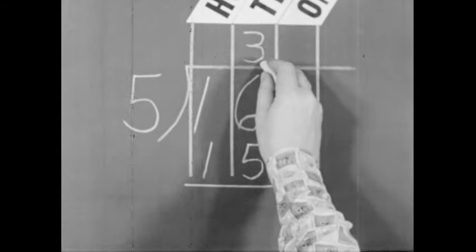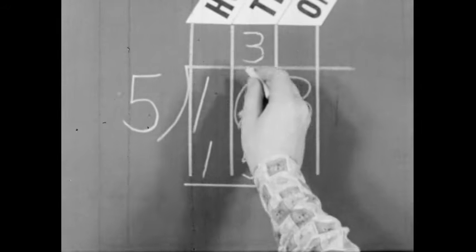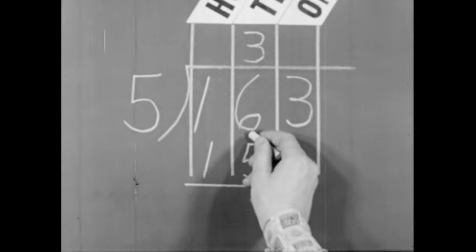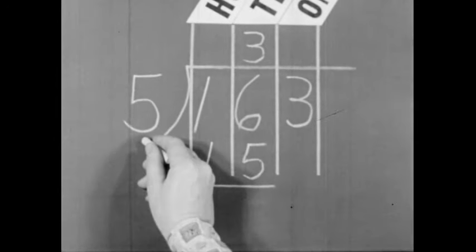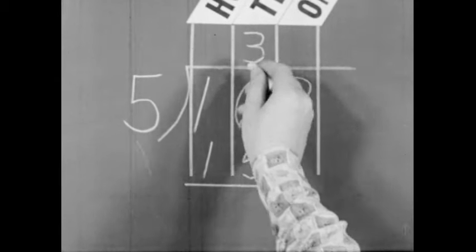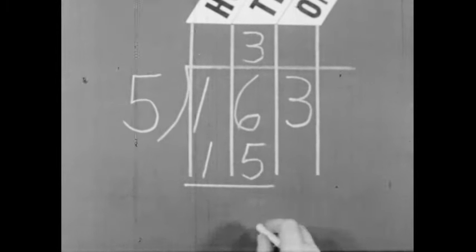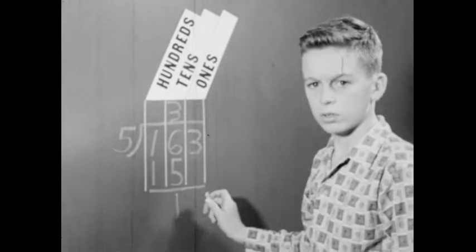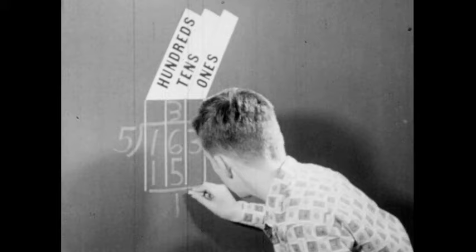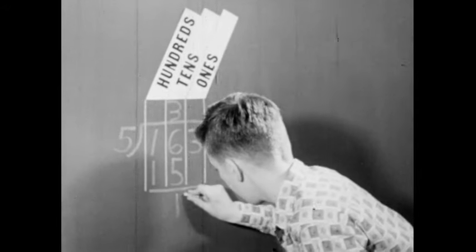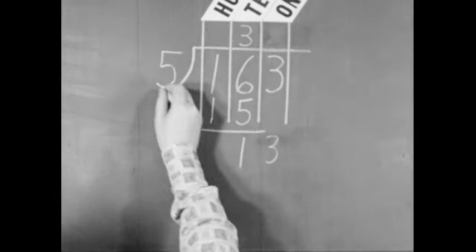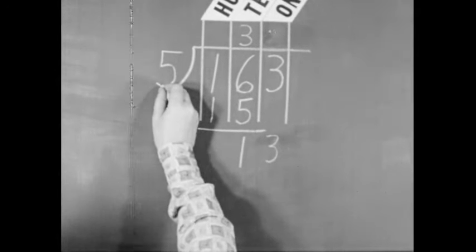Notice that the 3 is in the tens place. That's because it answers the question, in 16 tens, how many equal groups of 5 tens are there? 3 of them. And 1 ten left over. Go on, Bob. Now we bring down the 3 ones. In this new dividend, 13 ones, how many groups of 5 ones can we find?